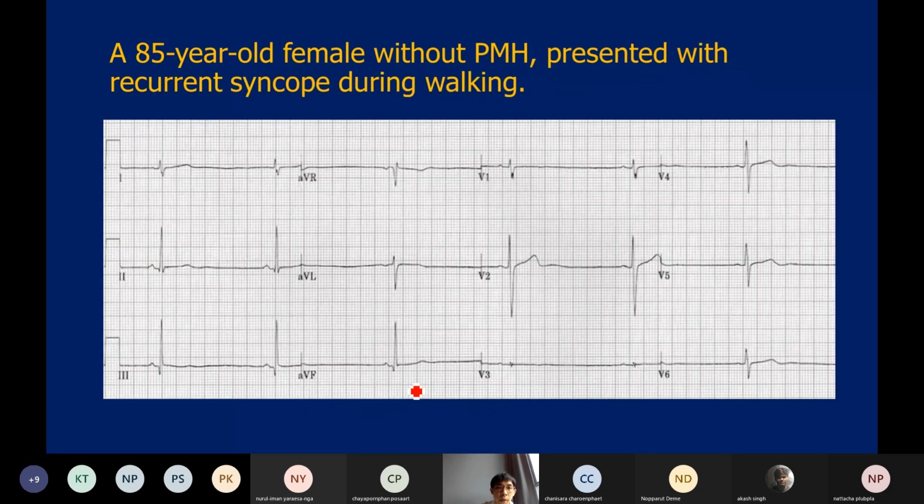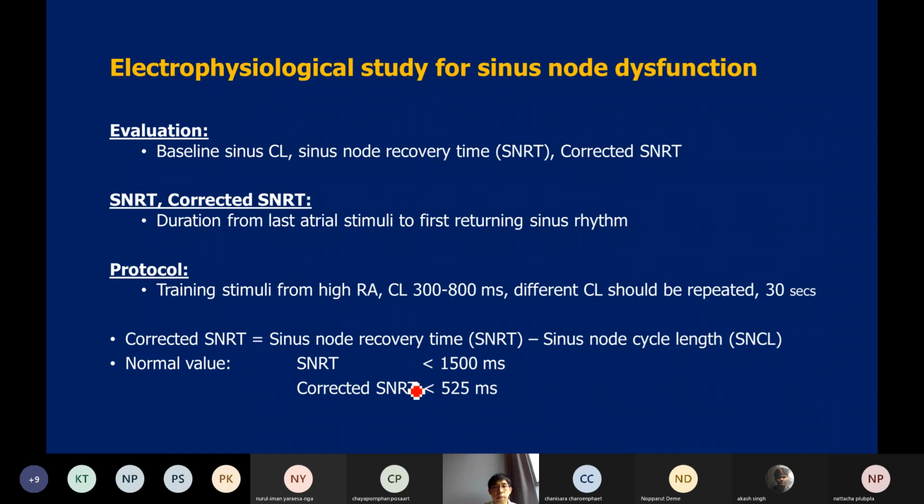If we investigate with the non-invasive tests we have spoken about previously and cannot identify any arrhythmia or any cause, the next thing we do is the invasive test, the electrophysiology study. I am going to talk about the electrophysiology study for sinus node dysfunction.